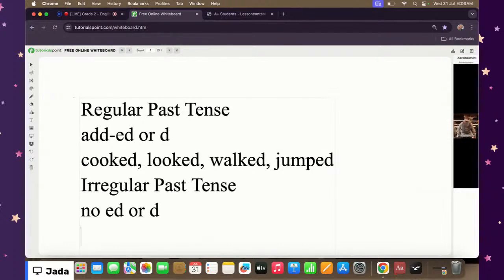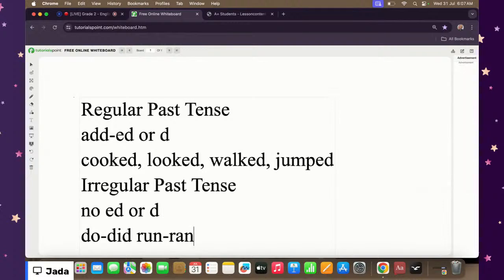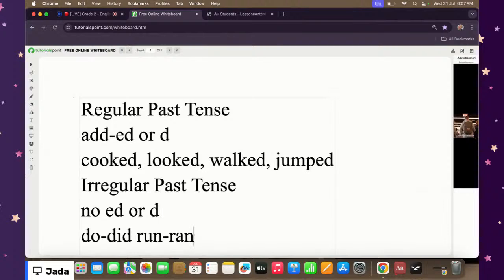Okay, and they have their own pattern, and you have to be the one to remember it specifically. Just like when you have do and then did, you have run, ran. You see? So it's not like specific that oh you have to add ed unlike the regular past. This one they're just on their own. Okay? You have to be the one to remember.